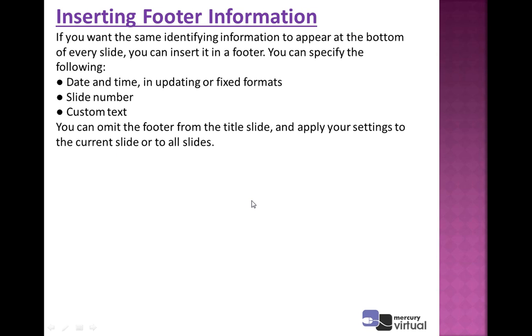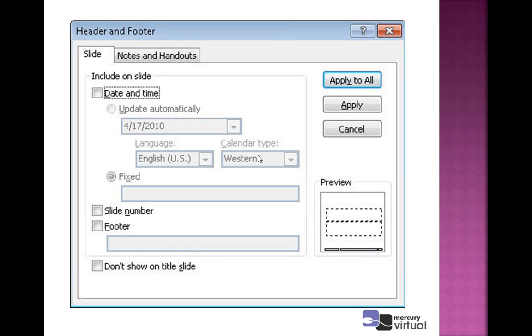Then we also talked about how to insert the footer information. There are multiple pieces of information which we put in the footer, like date and time, slide number, custom text. This is the Header and Footer dialog box. We can use either date and time, slide number, footer.